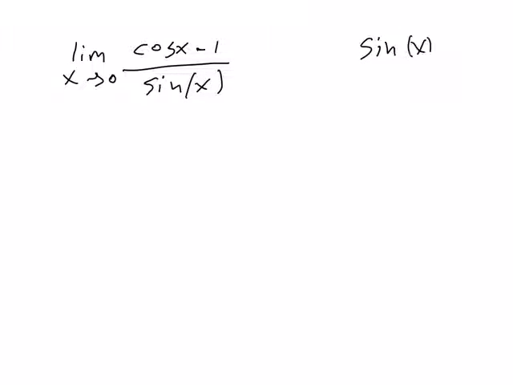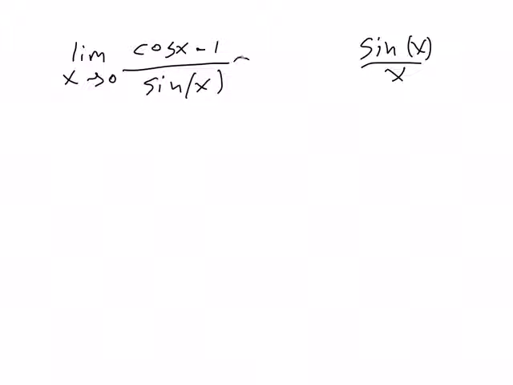The next problem is problem 42, which asks us to find the limit as x goes to 0 of (cosine x minus 1) over sine of x. So what we want is to get sine of x over x.